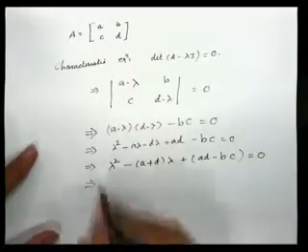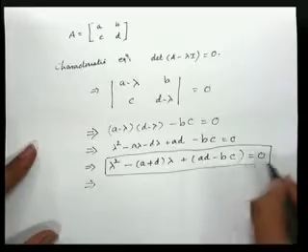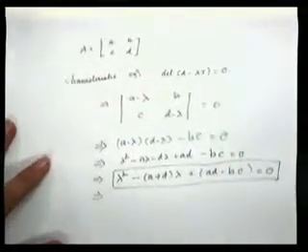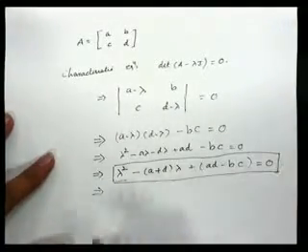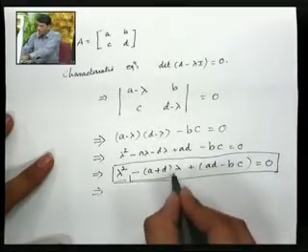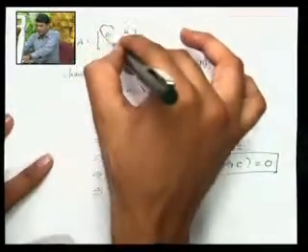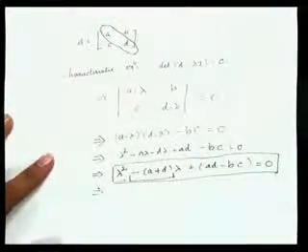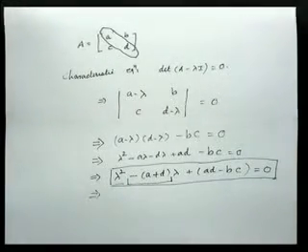This is our characteristic equation for the 2 by 2 matrix a, b, c, d. Here we get a quadratic equation. In this quadratic equation, the coefficient of lambda is a plus d, and that is nothing but the sum of the entries on the main diagonal, which is known as the trace.